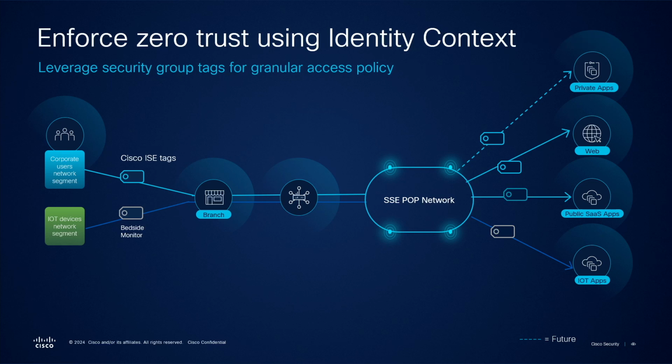So if they access my intranet, they can only access the IoT specific apps and nothing else. They're segmented off from the rest of the network, right? So we're providing some layer of security and segmentation there.